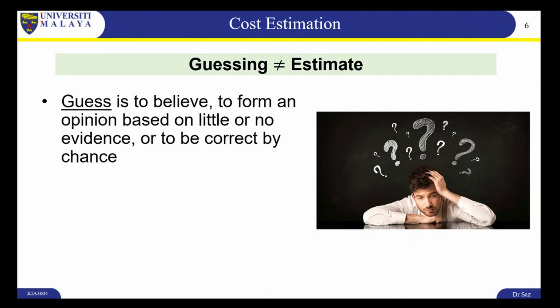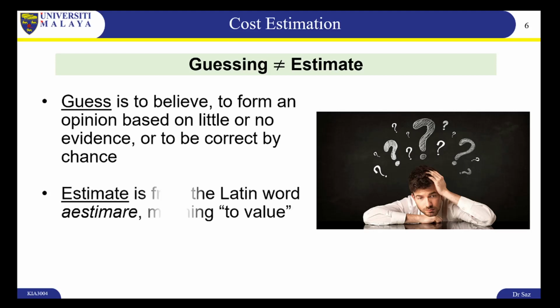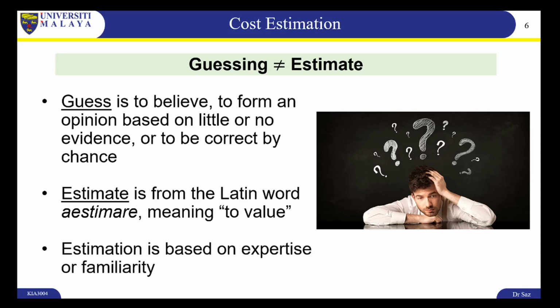When you guess, you usually make a judgment with little evidence or little knowledge. You can also be correct, but it might just be luck. But when you estimate, you use your knowledge and experience to value something. So it's based on expertise or familiarity.